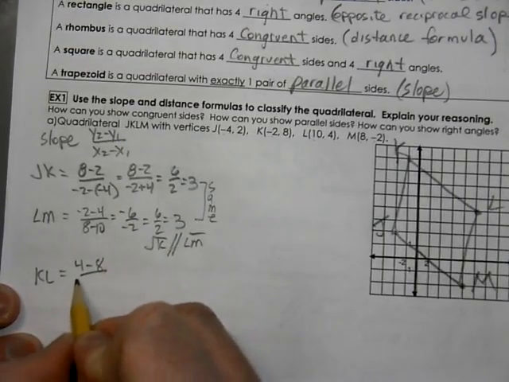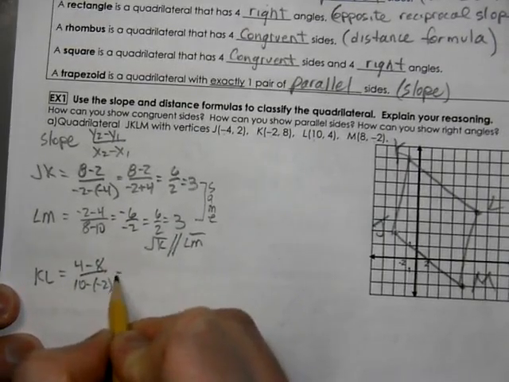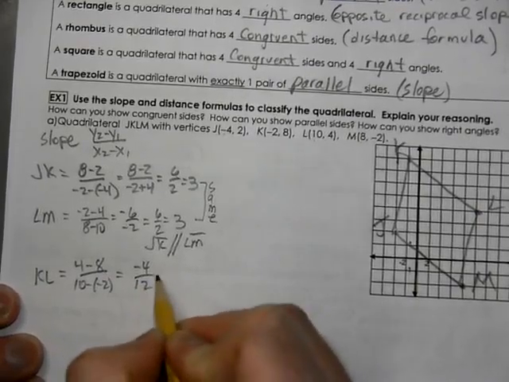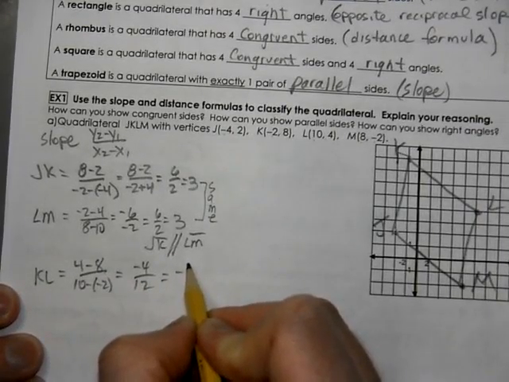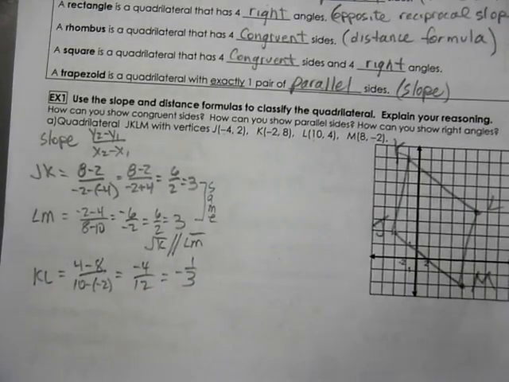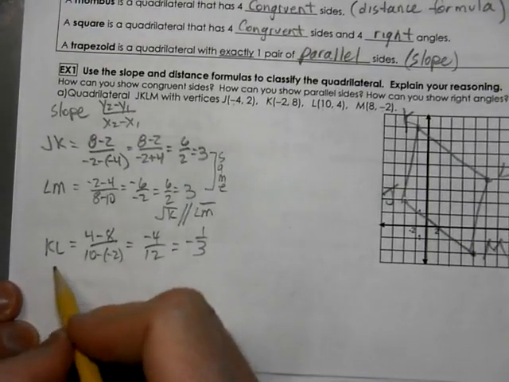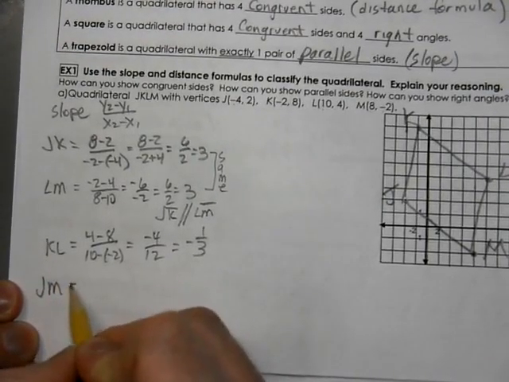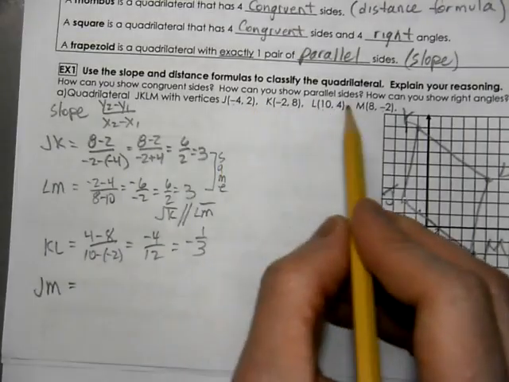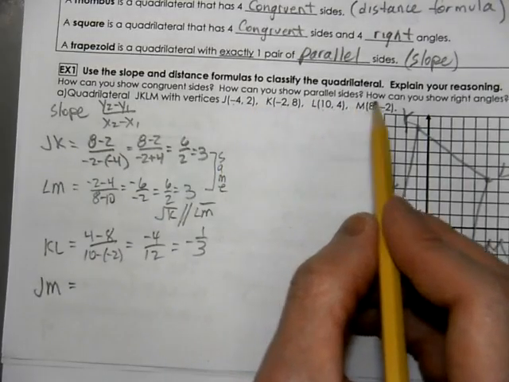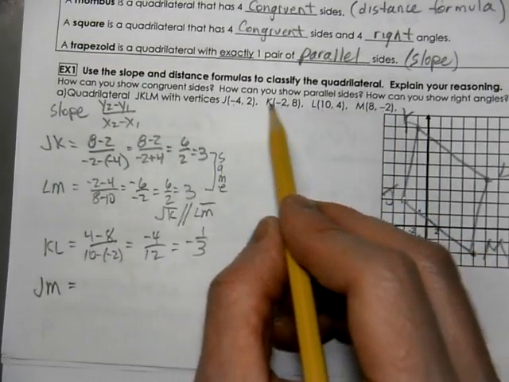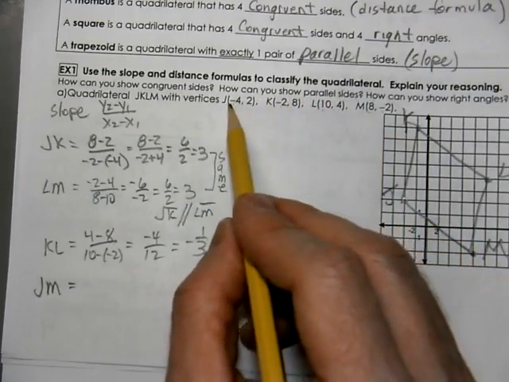Four minus 8, 10 minus a negative 2, negative 4 over 12 turns into negative 1/3. Then our last slope, using the J and the M, negative 2 minus 2, and 8 minus our negative 4.